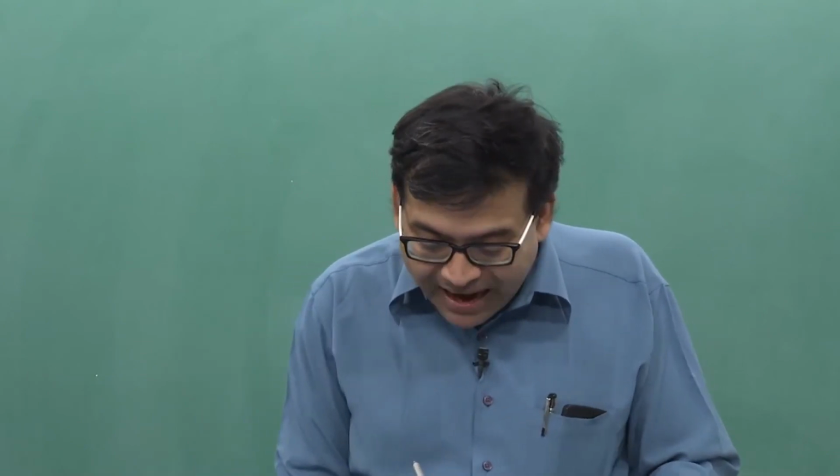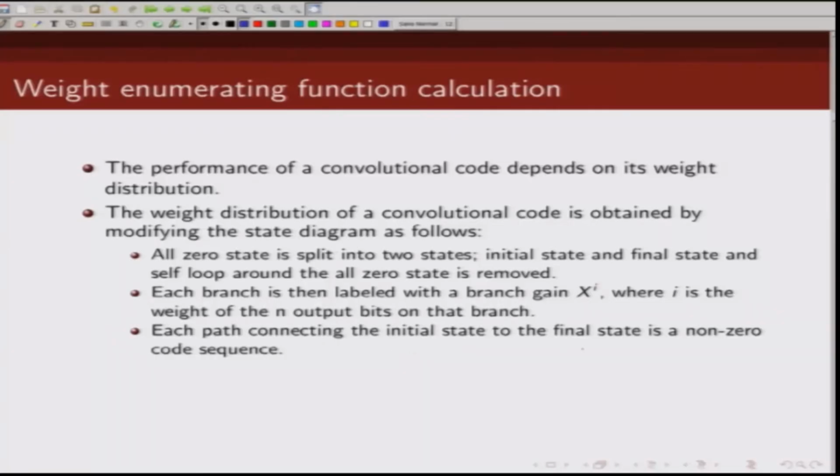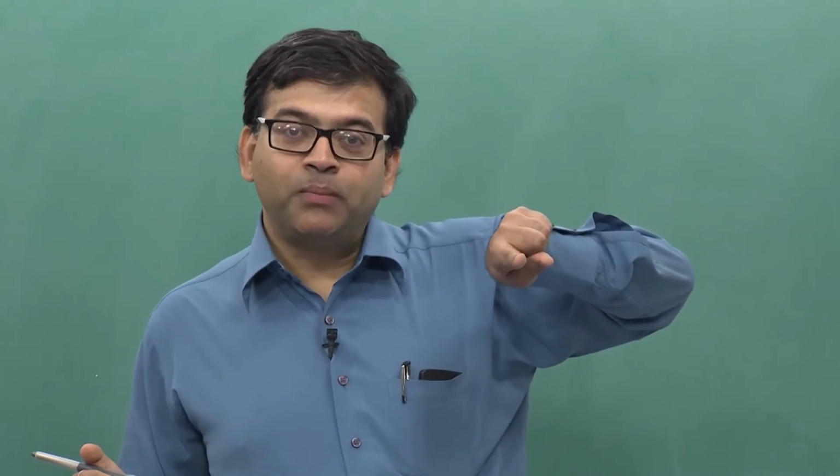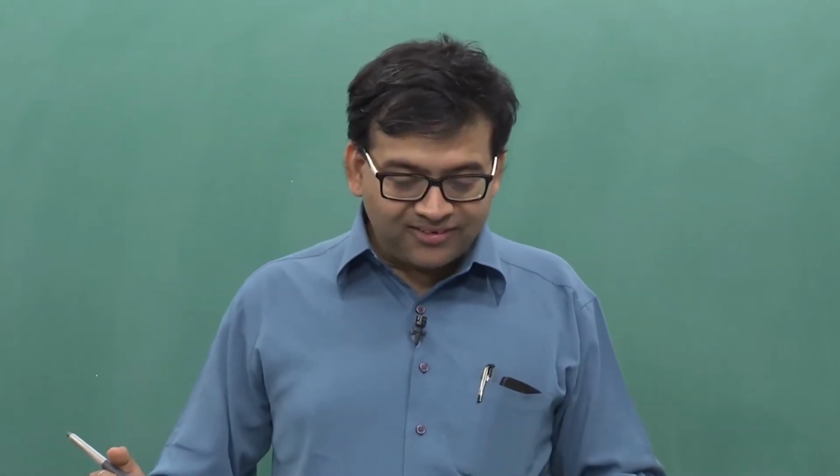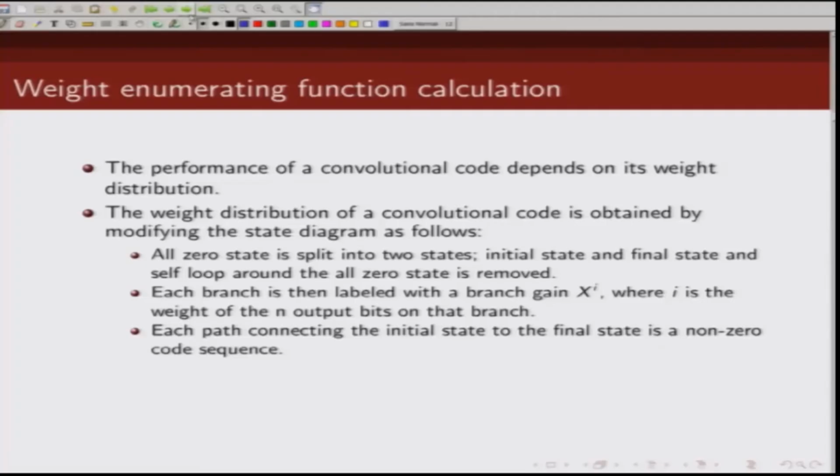So, each path connecting the initial state to the final state is a valid non-zero code word, because we have removed the self loop around the all 0 state. So, this modified state diagram is now going to show us all possible non-zero code words.